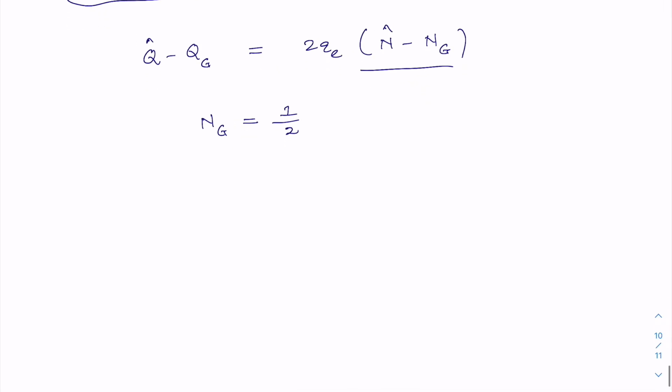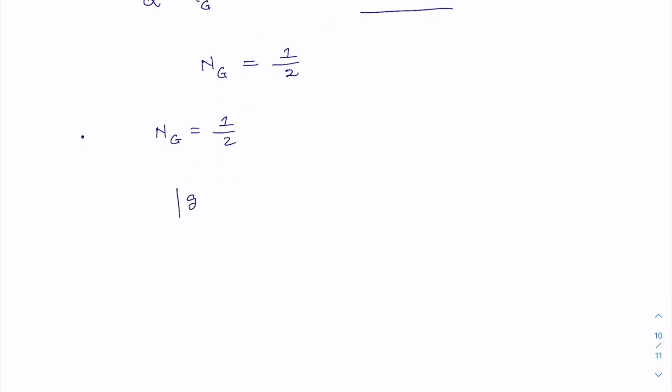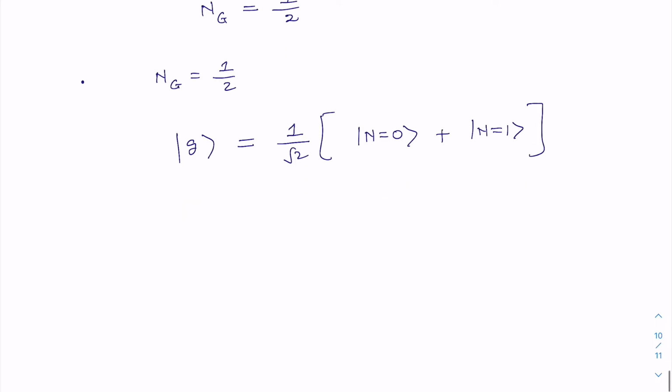As we discussed in lecture 12, at nz equal to a half, the ground state of the Cooper pair box is a symmetric combination of n equal to 0 and n equal to 1, and the excited state is an antisymmetric combination of n equal to 0 and n equal to 1.